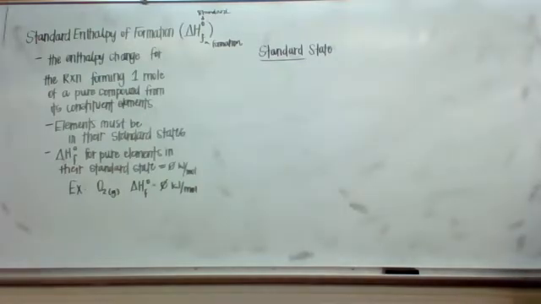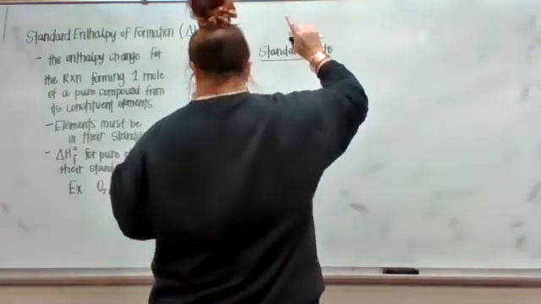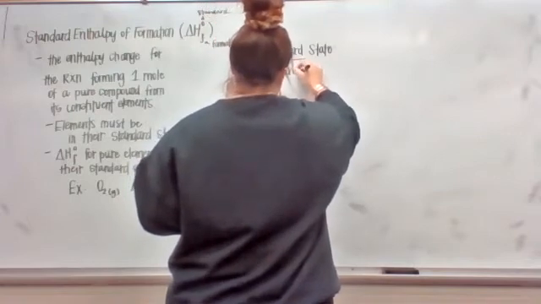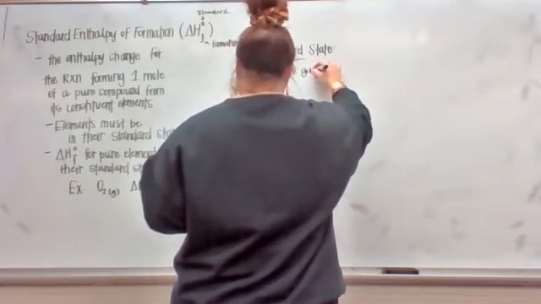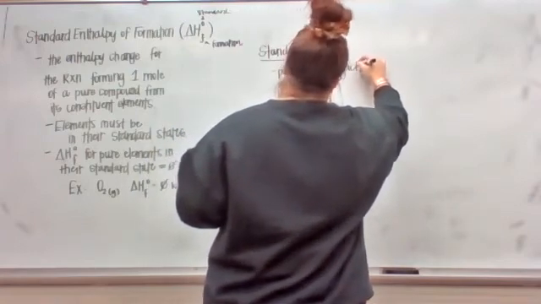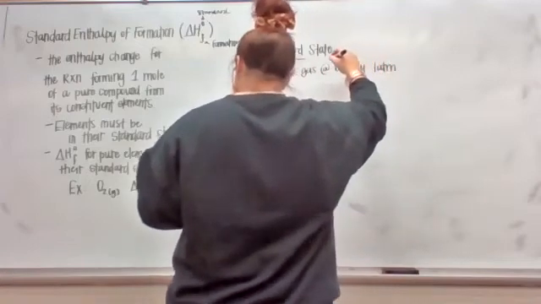So there's a huge list in the back of your textbook. But let me talk about what those standards are. Not that you probably care, but I'm going to tell you anyway.